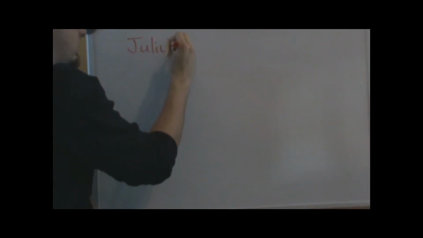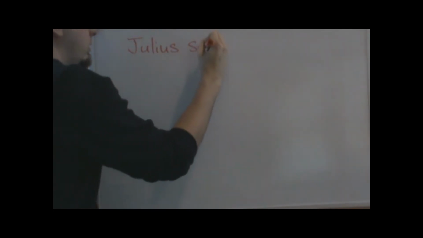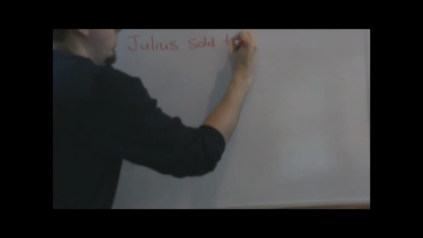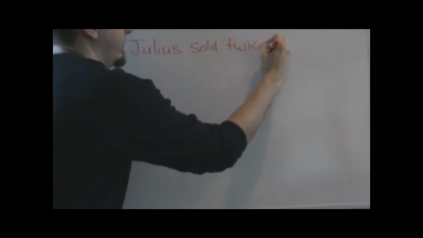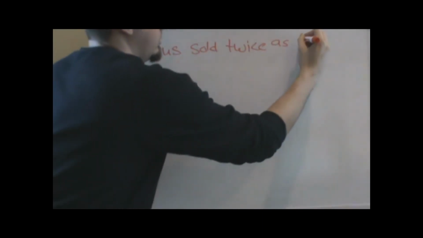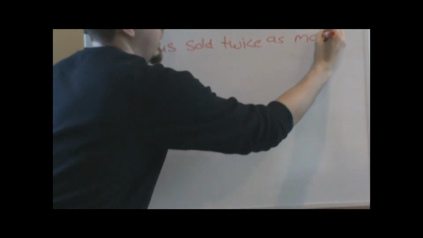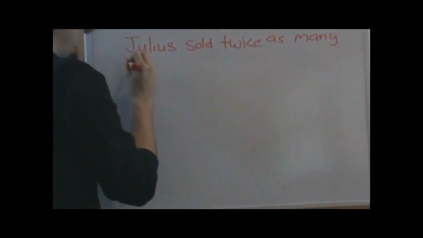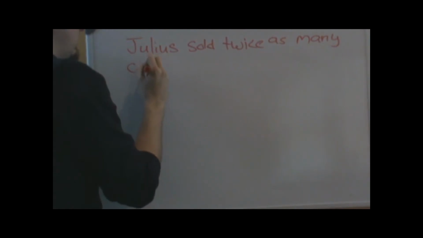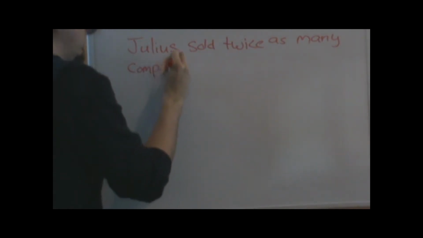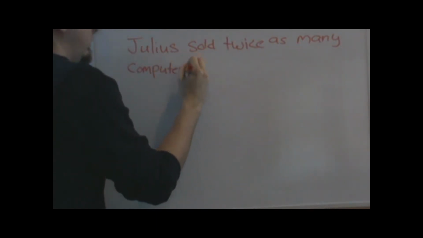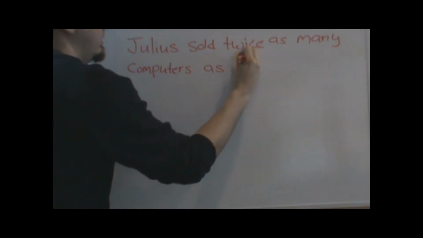It says, Julius sold twice as many computers as Sam.